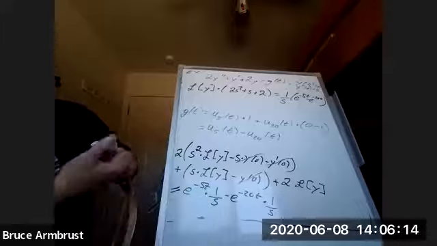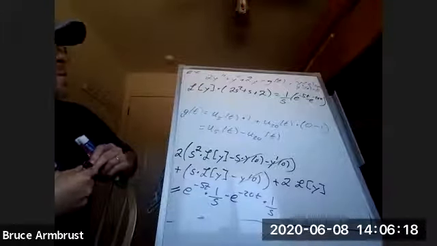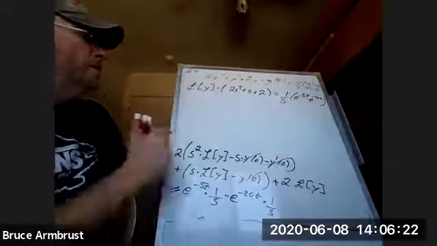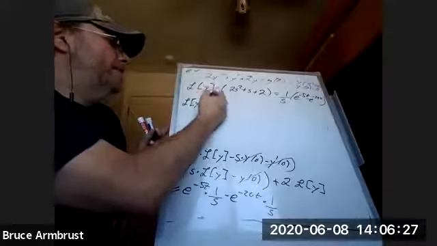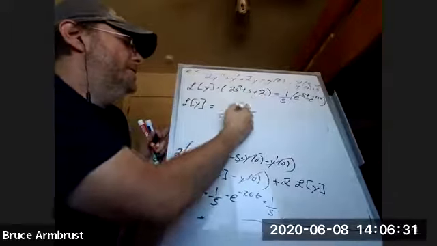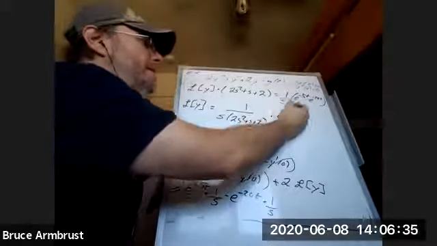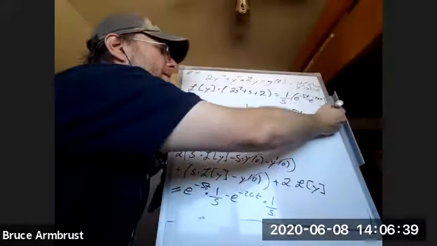I just factored out the 1 over s. So the Laplace transform then, if I just divide by that factor, is equal to 1 over s times 2s squared plus s plus 2 times this e to the minus 5s minus e to the minus 20s.